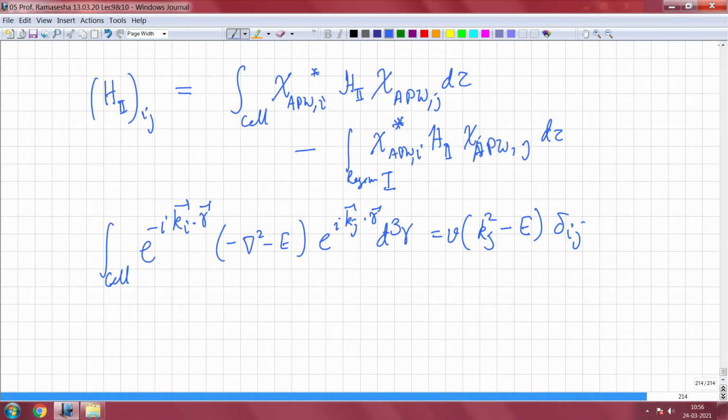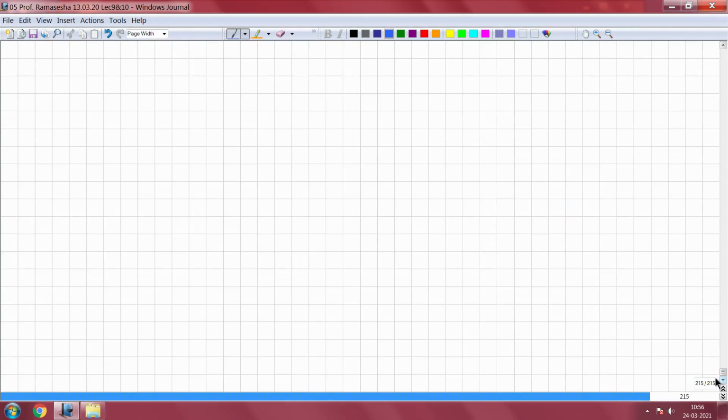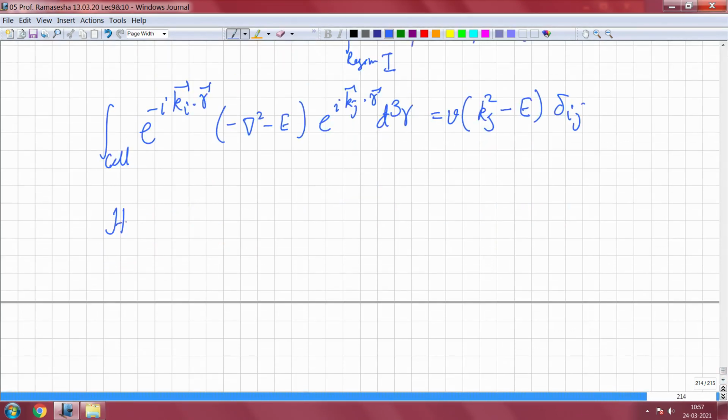and this is multiplied by the cell volume, because normalization of the plane waves is with respect to the cell volume. Now in region 1, if we want to calculate the same integral, we are looking at H ij minus E delta ij over the nu-th sphere.